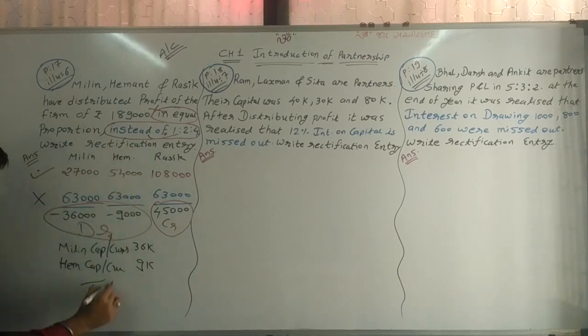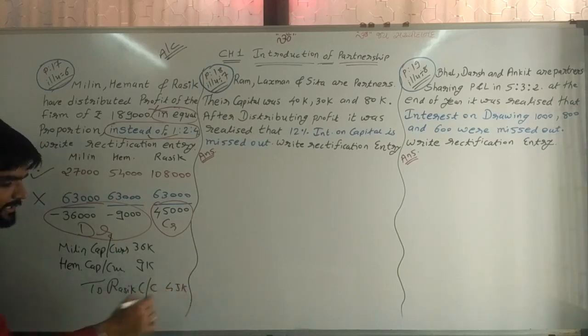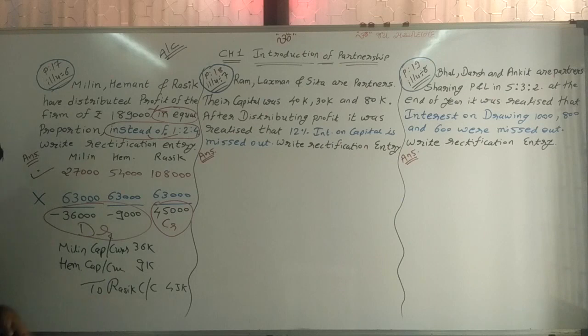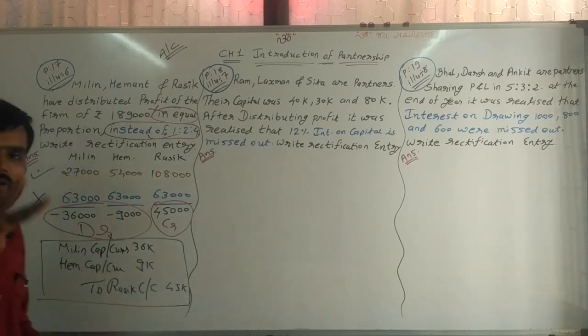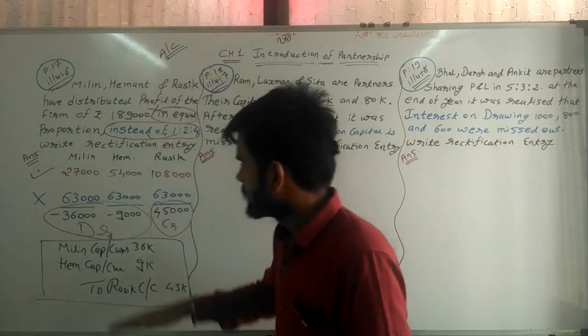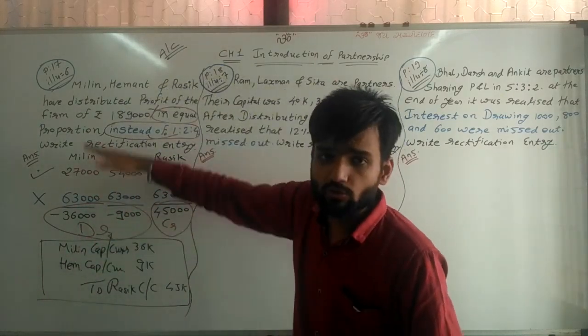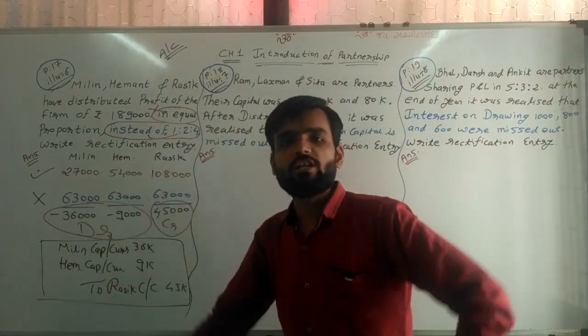To Rasik account, Rasik capital or current account credited 45,000. And whenever you are making the total of these two, the debit side total becomes the credit total. So 36 plus 9, the answer is 45. So simple. Now for this journal entry, you are getting 3 marks. For that you have to do this calculation.